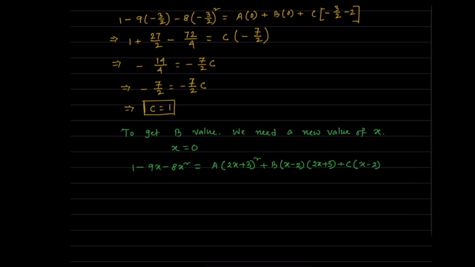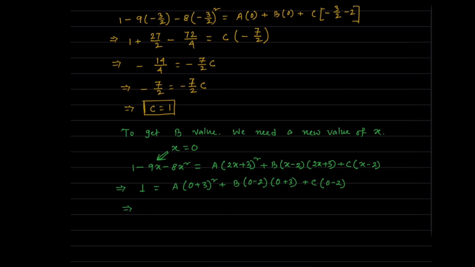Now in this equation, we need to put the value of x equals 0. So what happened here, the 9x and 8x square will be 0. On the left side you will have only 1. On the right you have a into (0 plus 3) square plus b into (0 minus 2) into (0 plus 3) plus c into (0 minus 2).